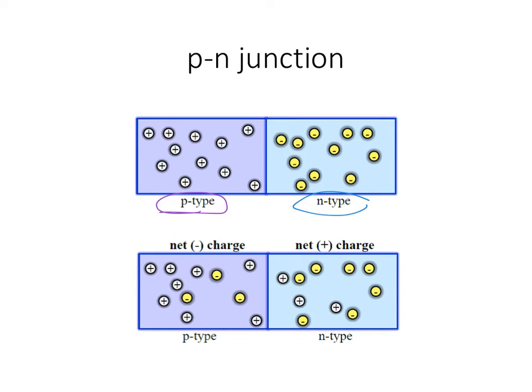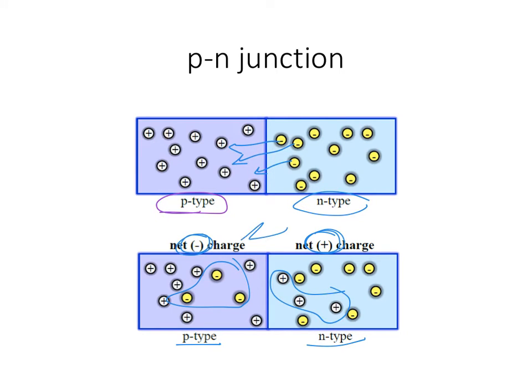Well, what you can see is that some of the negative electrons might jump in to fill in some of the holes that are created by the p-type, and then you'll get some negatives on this side and some positives on this side. So overall, the n-type will have a net positive charge, and the p-type will have a net negative charge. And then you've got a p-n junction, and now you have electricity conducting.